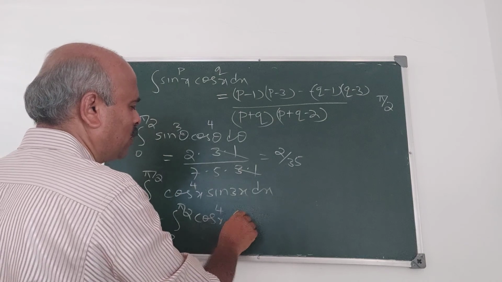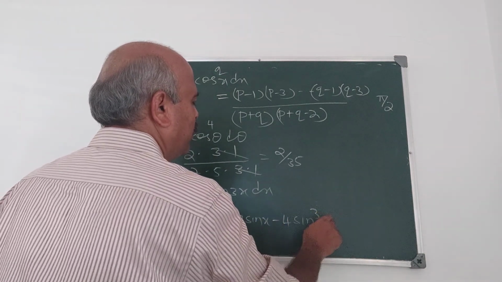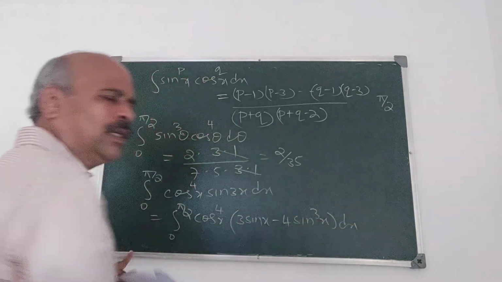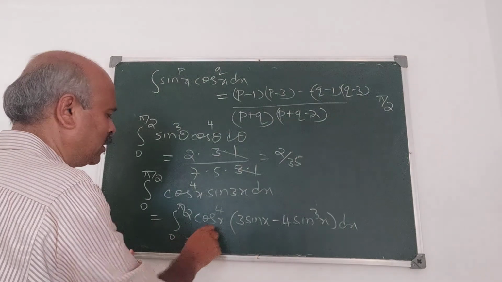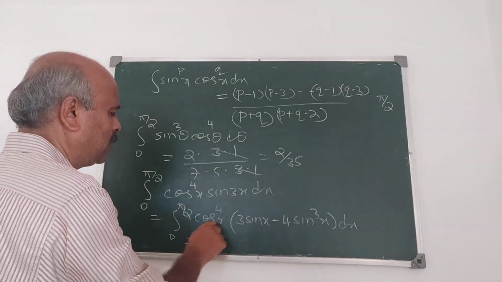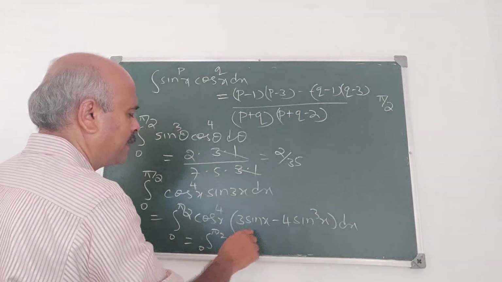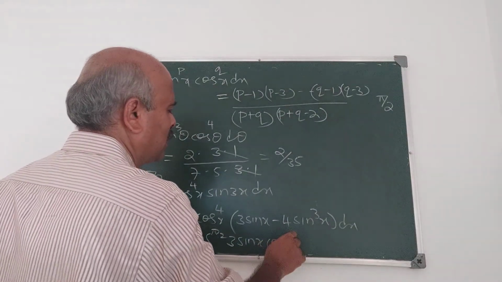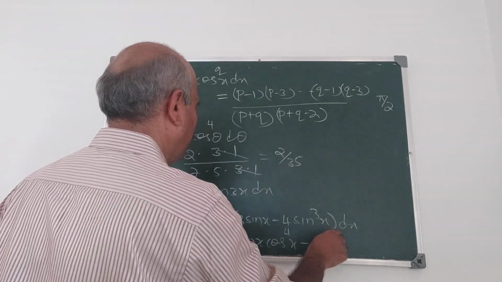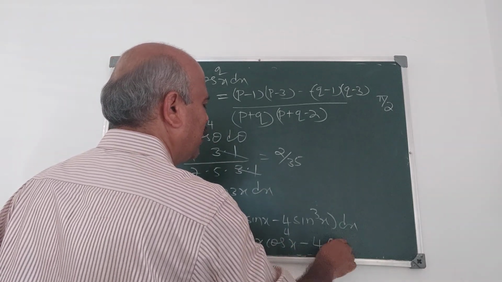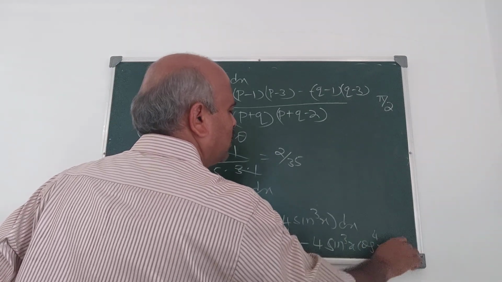What is the sin 3x formula? 3 sin x minus 4 sin cube x. I think all of you remember this. Trigonometric formulas are very basic, and it is advised that all of you remember them. So we get 3 sin x cos x raised to 4 minus 4 sin cube x cos x raised to 4 with respect to x.